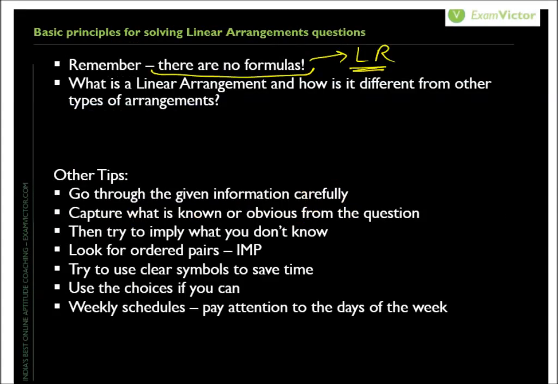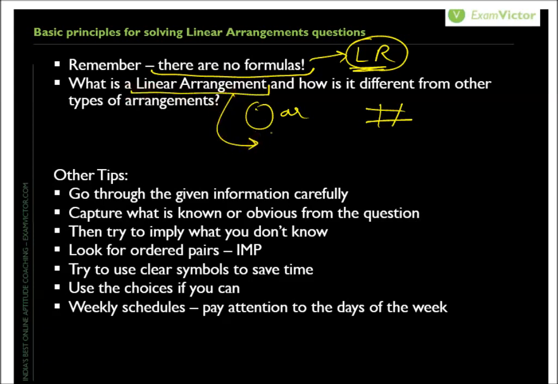So basic principles, let me be upfront. Very clearly, there are no formulas, not just for linear arrangements, but even for other types of logical reasoning questions, no formulas, right? So what other types of arrangements are there? I won't worry right now, but you do have circular arrangements, you have grid matrix arrangements. All of these we'll see in separate lessons. In this one, we're going to focus on linear arrangements.